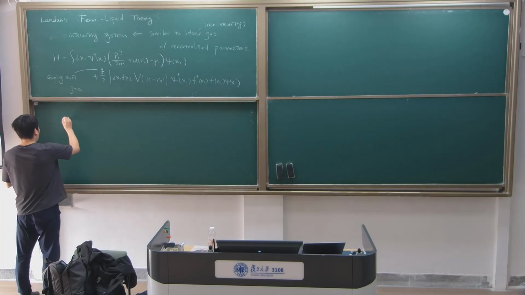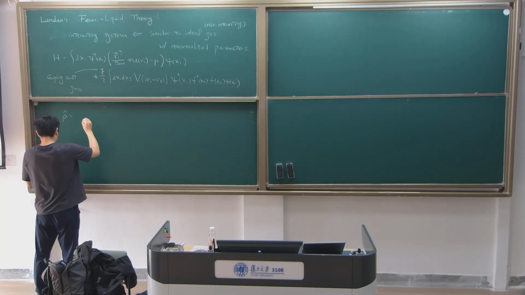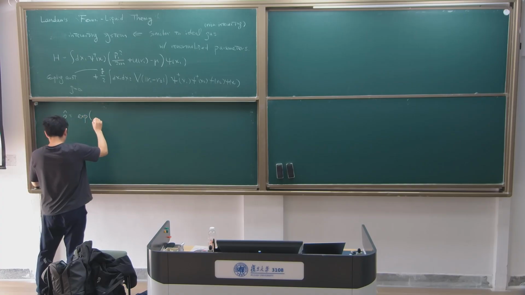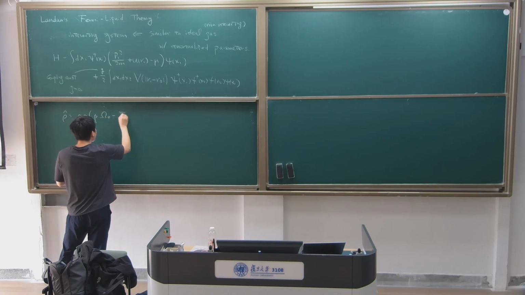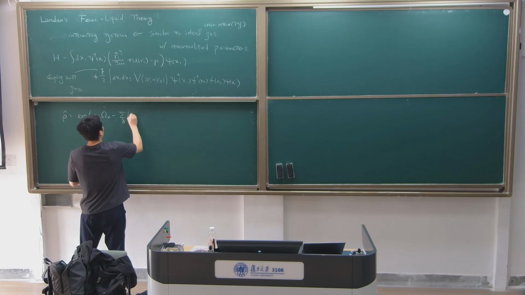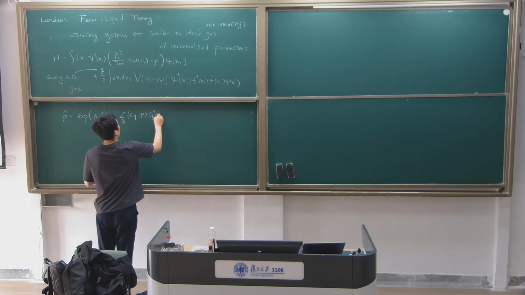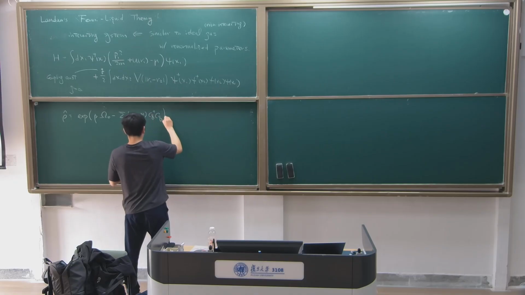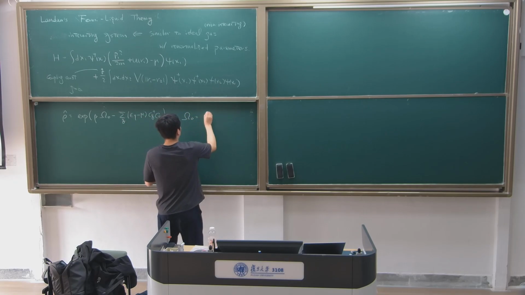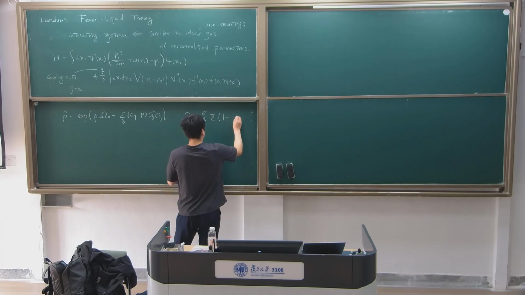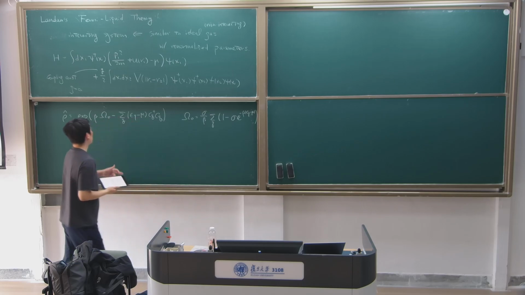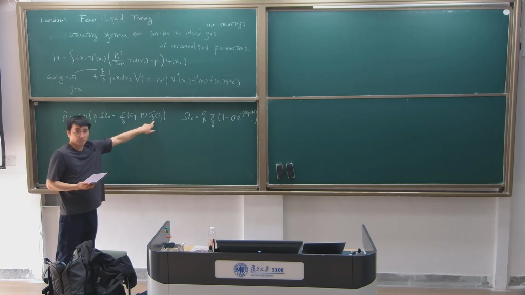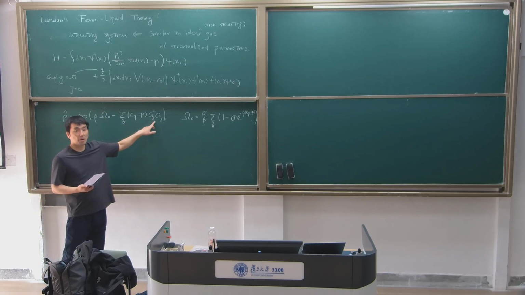And then, so we're in the grand canonical ensemble, and rho is equal to exponential of omega 0 minus the sum of E_q minus mu times the number operator.